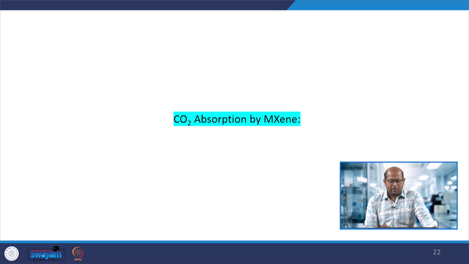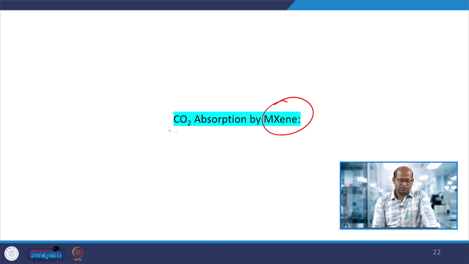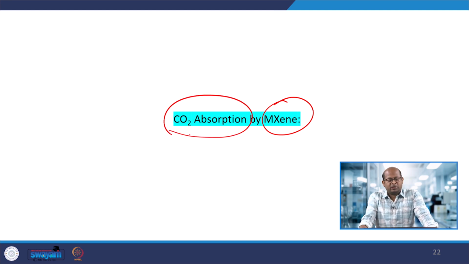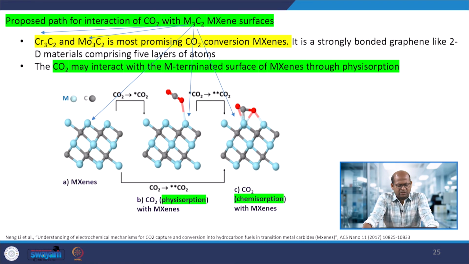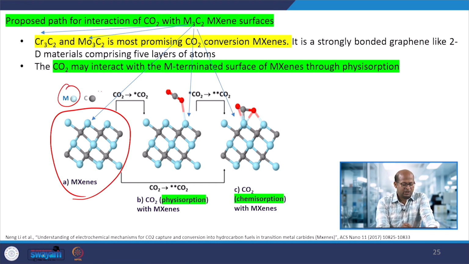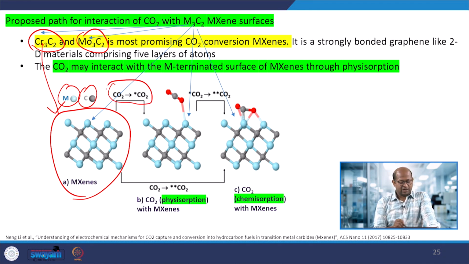Similarly, MXenes also can be used for CO2 capture or mass separation of the CO2 from the flue gas. Here a different type of mechanism is shown. These MXenes have metals and carbons, so it may be chromium MXenes or molybdenum MXenes. Here the structures are shown. This material also adsorbs CO2 by formation of physical adsorption or chemisorption.